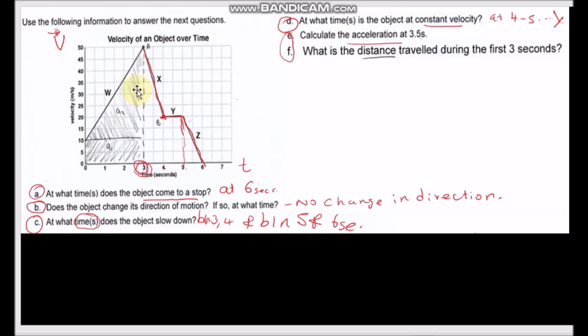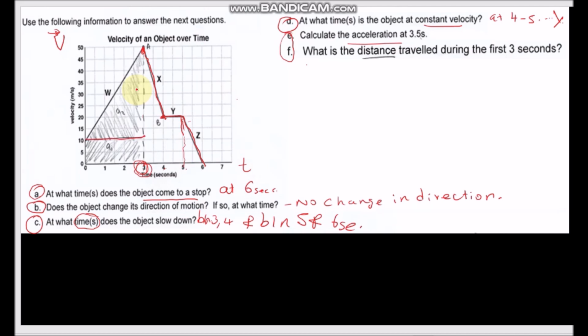At this second you are going to calculate the acceleration, and you have the velocity time graph. For F, what is the distance traveled during the first 3 seconds, up to this point? Here is the hint.